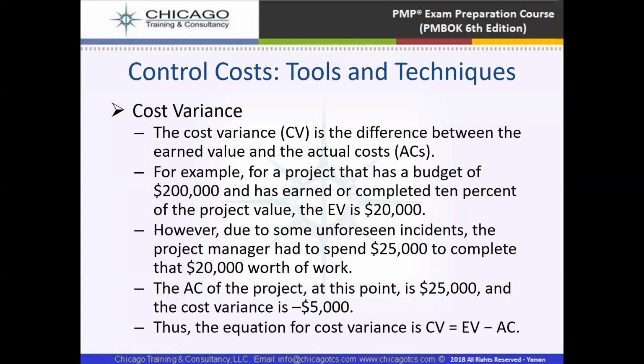However, due to some unforeseen incident, the project manager has to spend $25,000 to complete that $20,000 worth of work. The actual cost of the project at that point is $25,000 and the cost variance is $5,000. Thus, the cost variance is earned value minus actual cost.